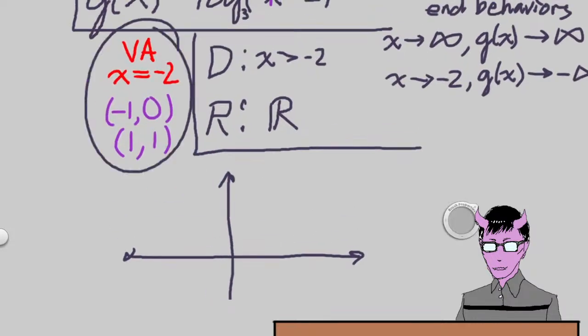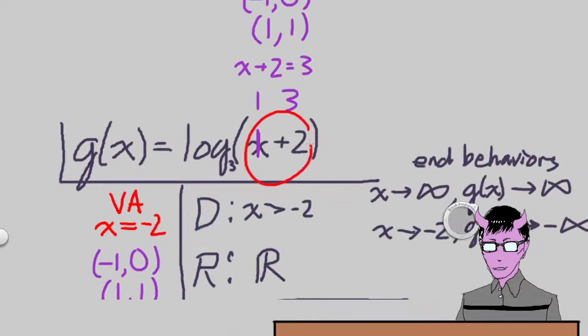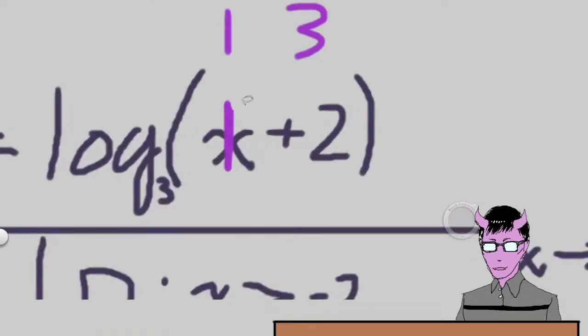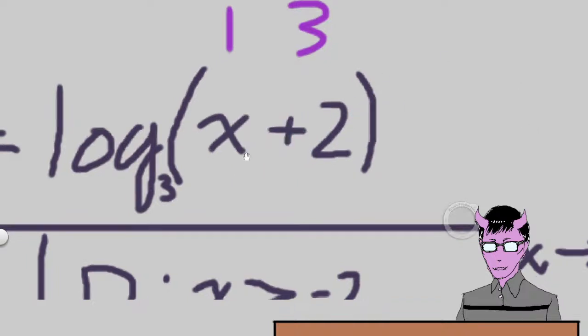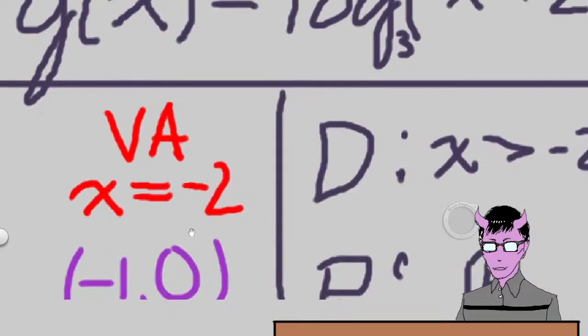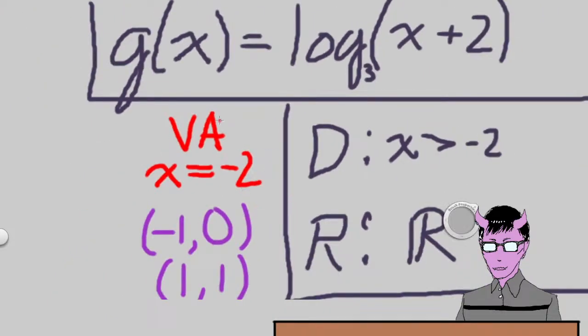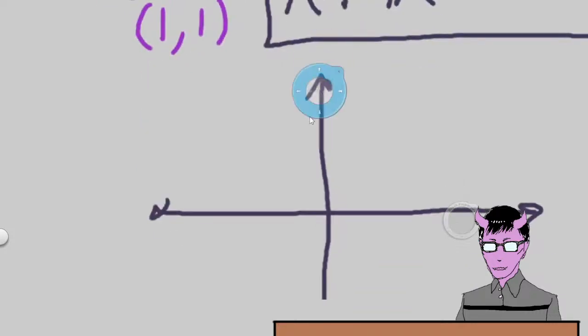And now we just gotta populate the graph with all the information we've gathered. So I like to put the wall first. You could get it straight from here, right? Wait, I should delete this. Okay, so we have a wall here. X is equal to -2. That's the vertical asymptote. X for the function can't be -2.